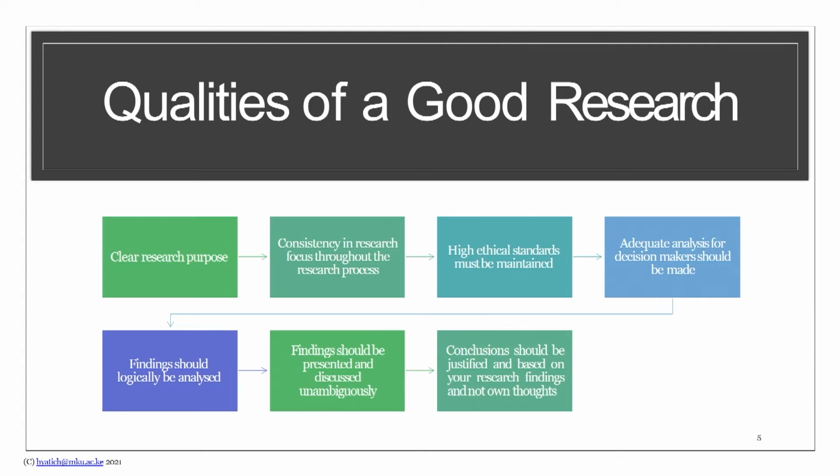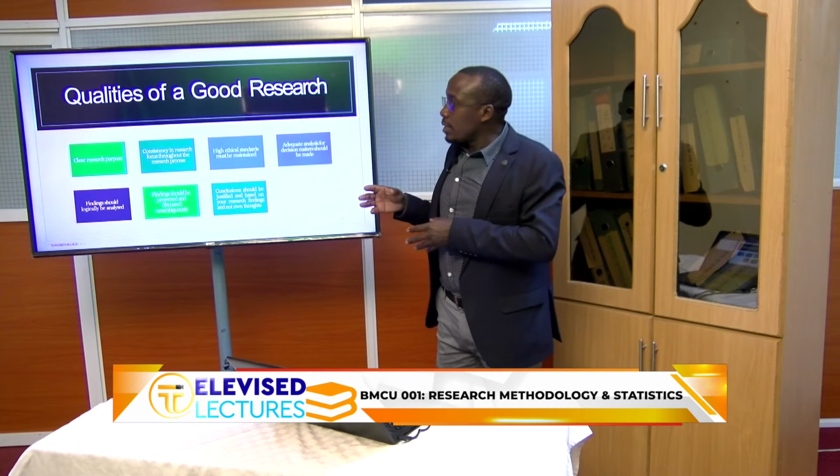You need to find out, from publications or from experts, what they know or what is there that speaks to that research problem, so that you are not duplicating what other people have done, but rather you are trying to create an improvement or come up with a new finding. In so doing, being clear on your research purpose means that once you have a clear research problem, you need to tell us the purpose of that research.